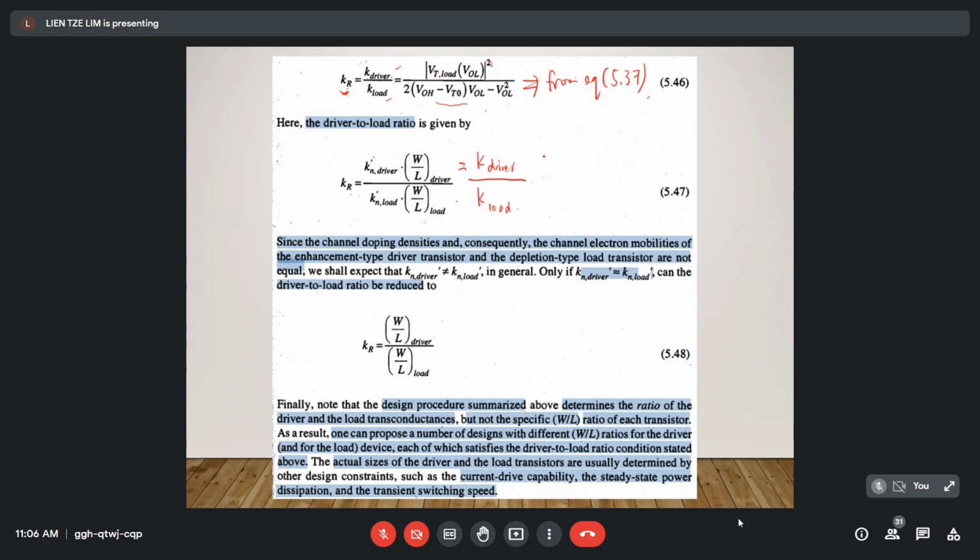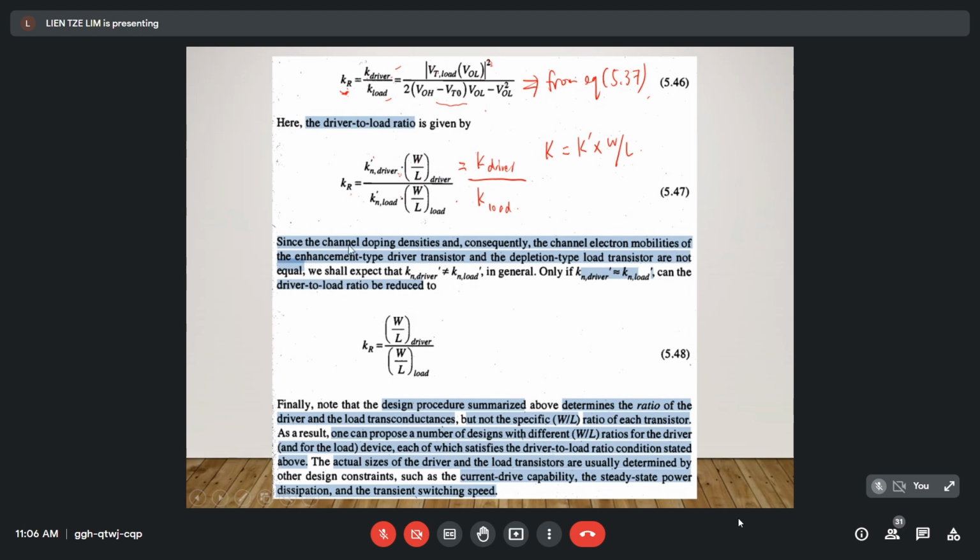I mentioned this before: K equals K prime multiplied by W over L. So this is the one that represents the K for driver and load.